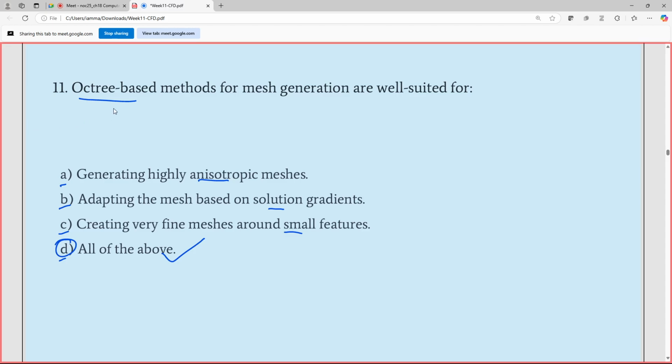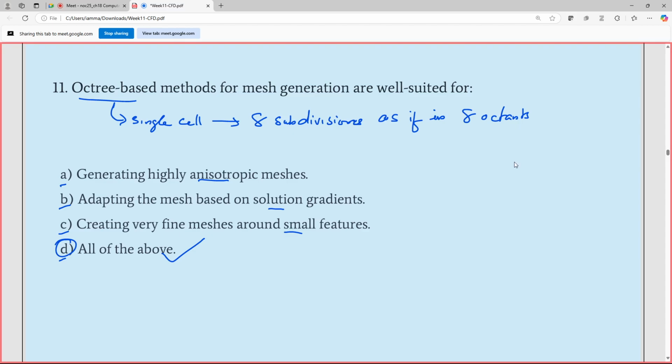And this octree based method, if you see, it's a kind of mesh generation where every single cell is subdivided into 8 subdivisions, as if in 8 octants.